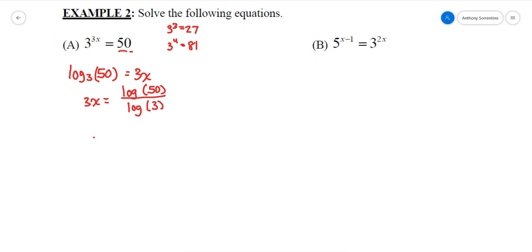And to get x alone, of course, I'm going to divide both sides by 3, which is the same thing as multiplying by 1/3. So I'm going to have the log of 50 divided by 3 times the log of 3.